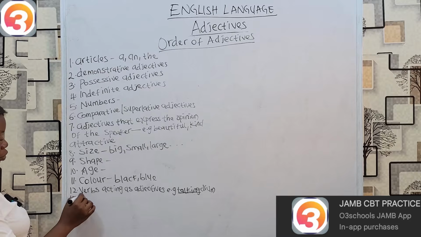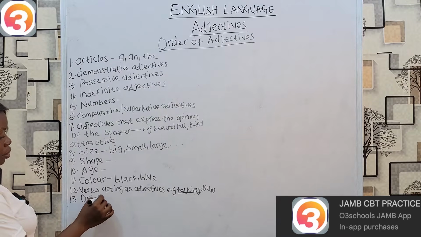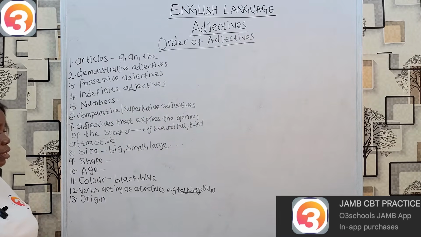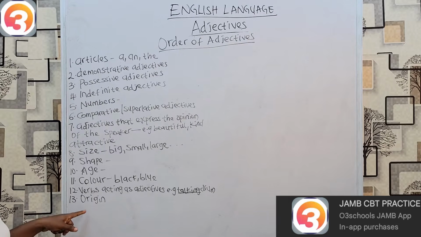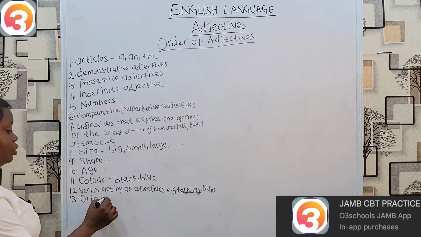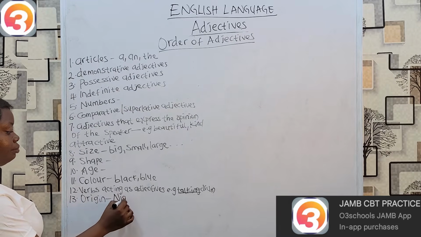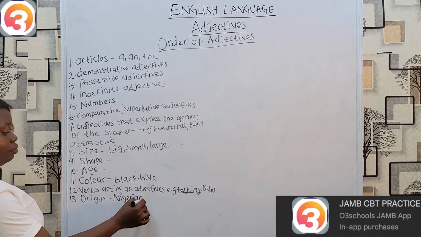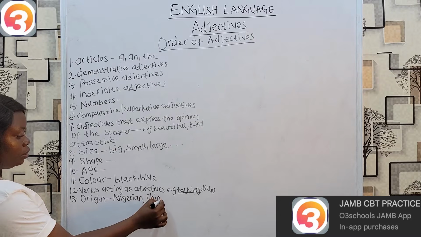Then we now have origin. If we have adjectives in the sentence telling us about the origin of that noun, it should come after verbs acting as adjectives. Origin such as Nigerian, Chinese.